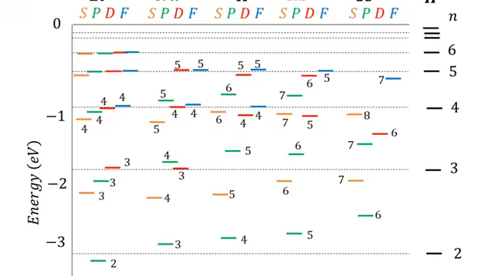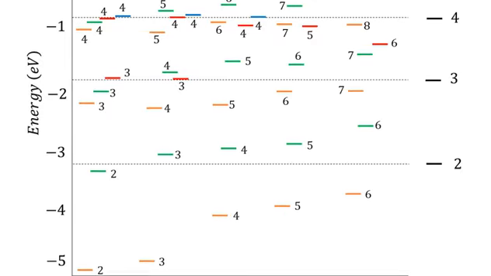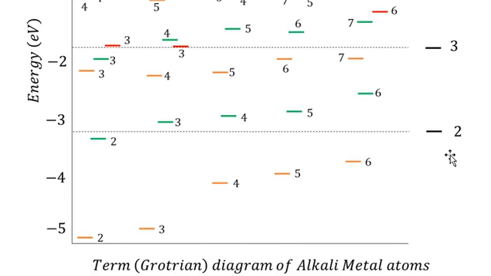So initially the difference is larger. If you start with a lower principal quantum number, for example principal quantum number 2, the difference with the same principal quantum number is much larger. But when the principal quantum number increases, the difference becomes smaller and smaller.